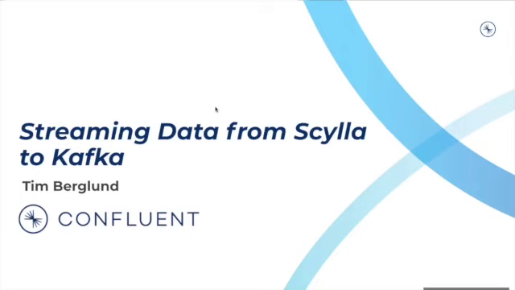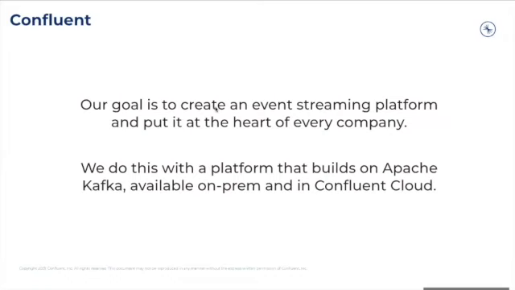So next slide. Let me speak for a moment about Confluent. I work in the developer relations team here at Confluent. We make an event streaming platform based on Apache Kafka, and it's our goal to create that platform, develop it, and put it at the heart of every company. We believe that event-driven architecture is, I would say, a generational paradigm. This is a way that people are beginning to build systems, and probably 25 years from now, it will have become the entrenched legacy way, and maybe in 25 years there'll be some new idea that's pushing it out of the way.